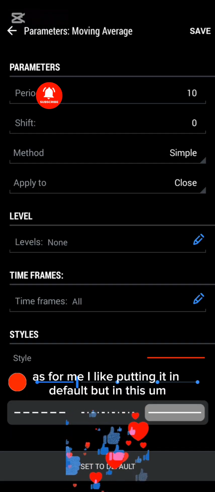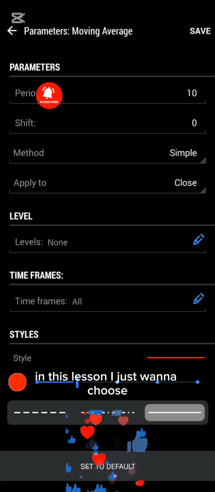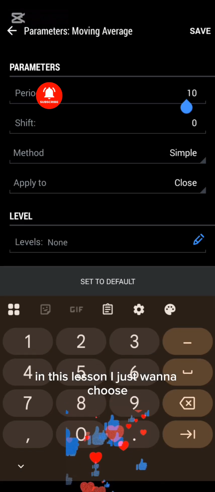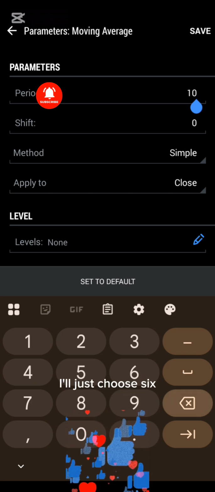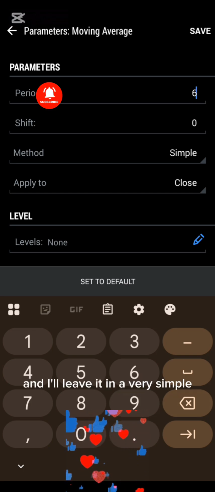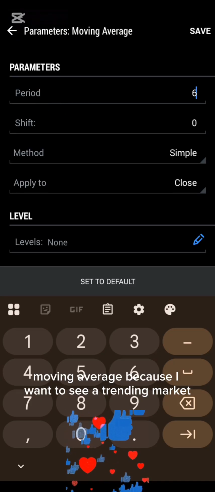So you just choose the moving average and you see all the parameters. As for me, I like putting it in default, but in this lesson I just want to choose the one that suits my way of trading more. Just choose 6. Leave it as a very simple moving average because I want to see a trending market.